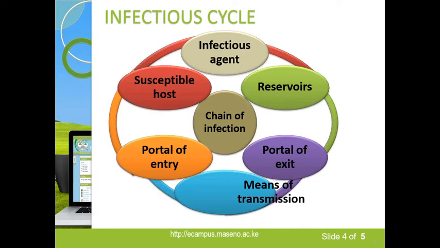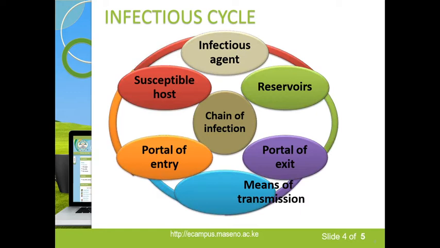Now, again, as much as there is a susceptible host and the port of exit and the means of transport, of course, there needs to be a port of entry. Before the infectious agent causes an infection, it has to enter the body of the susceptible host. So there is a port of entry.